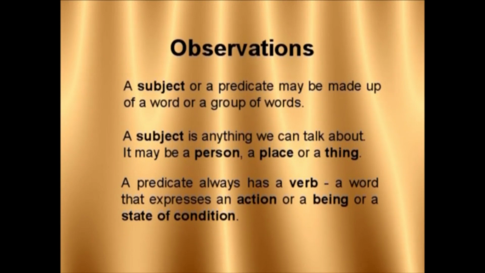A subject is anything we can talk about. It may be a person, a place, or a thing. The predicate always has a verb, a word that expresses an action or a being or a state or condition.